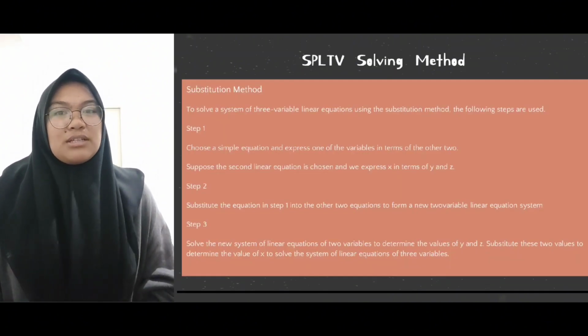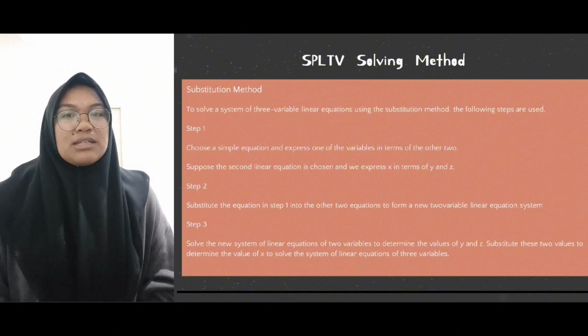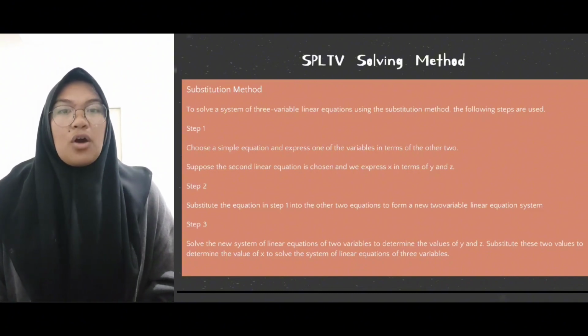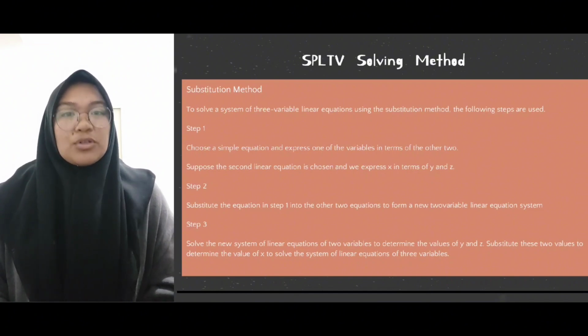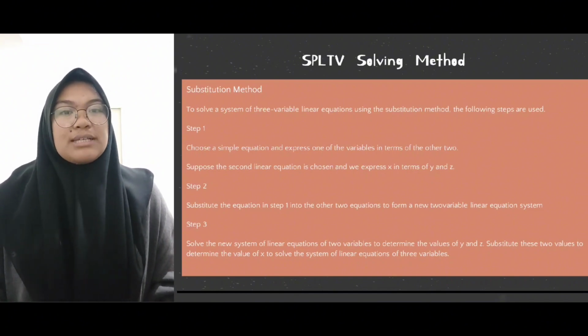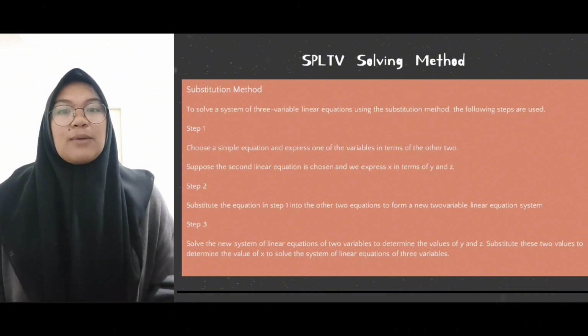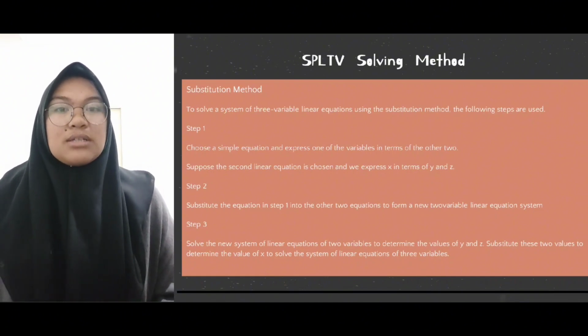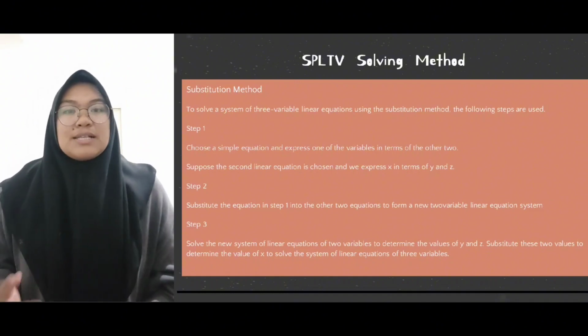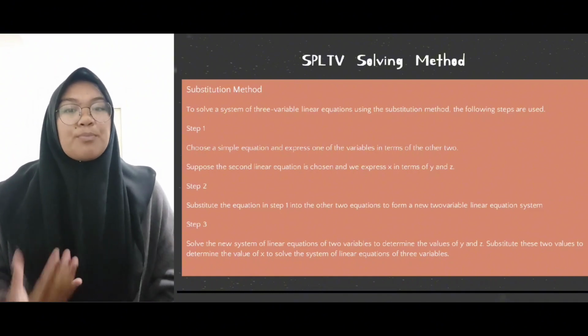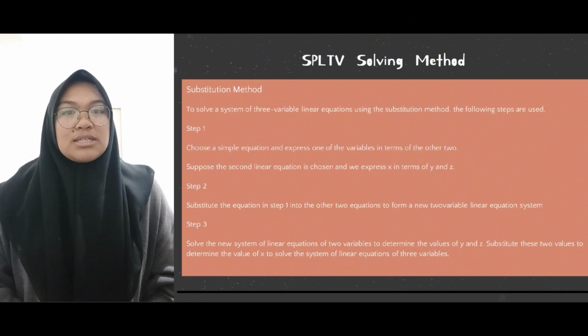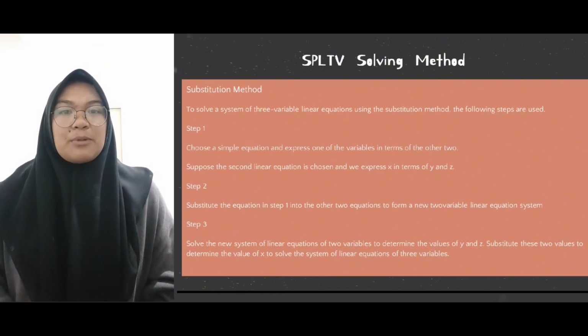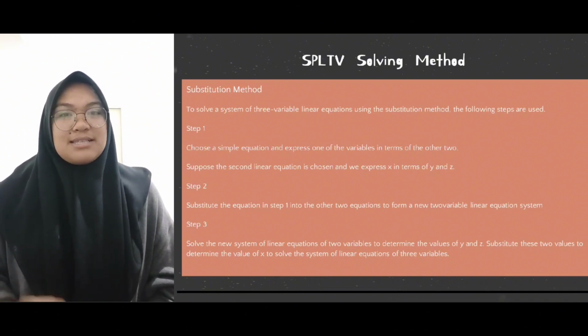Methods of solving a system of three-variable linear equations. 1. Substitution method. To solve a system of three-variable linear equations using the substitution method, the following steps are used. Step 1. Choose a simple equation and express one of the variables in terms of the other two. Suppose we express x in terms of y and z.